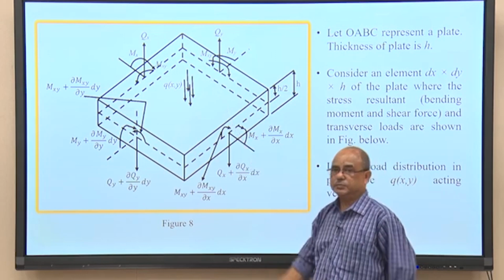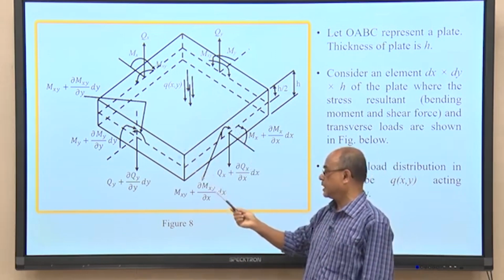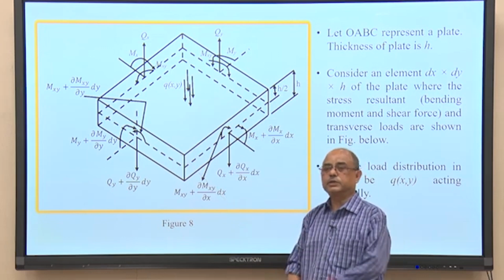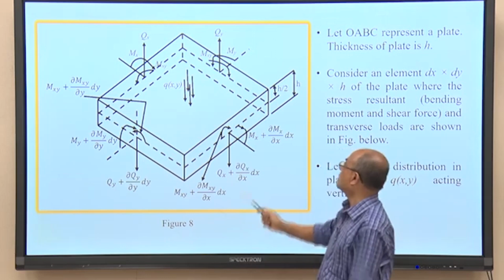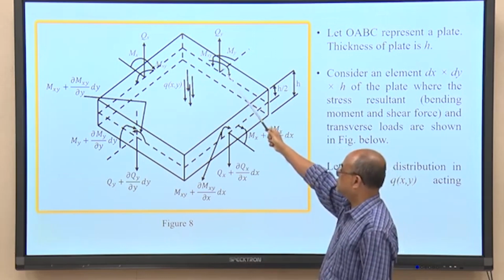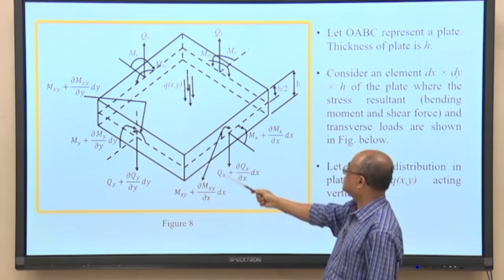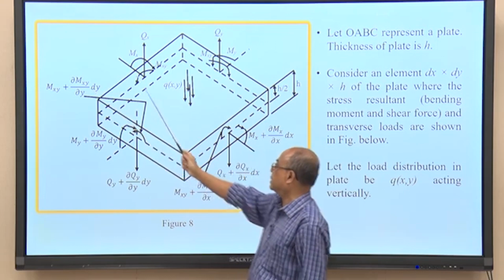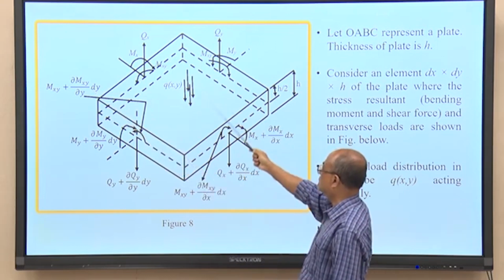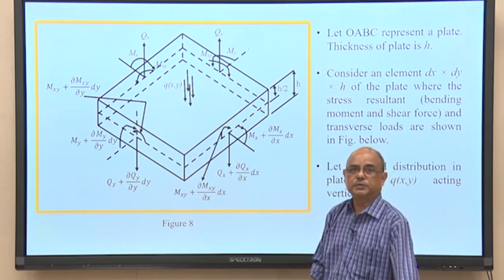Actually, I did not distinguish between mxy and myx in the figure, because you know that from symmetry mxy should be equal to myx. So, it is written mxy, and on that side the increment is given as mxy plus dmxy by dy into dy. The vertical load applied on the plate is q(x,y), which is continuously distributed.